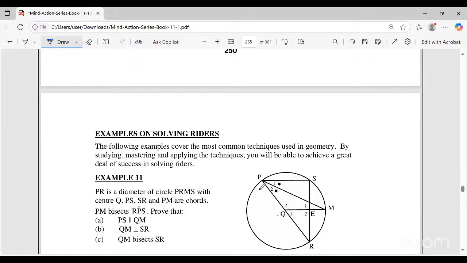Yes, that is correct. You are just going to say that angle S is 90 degrees, or is there anything else that you want to say?